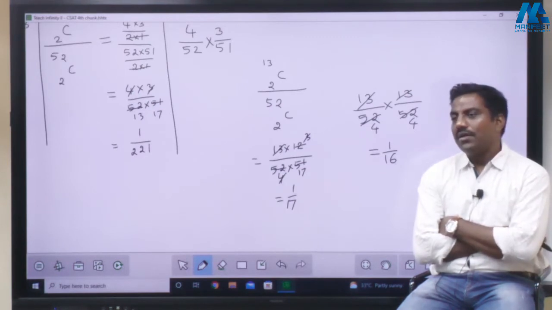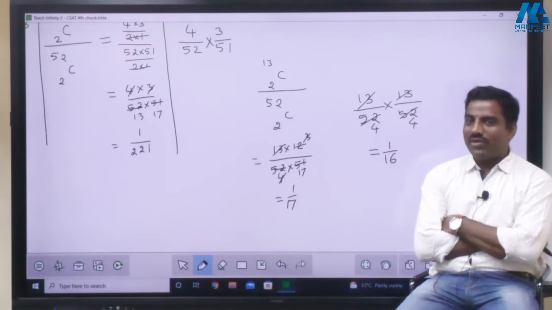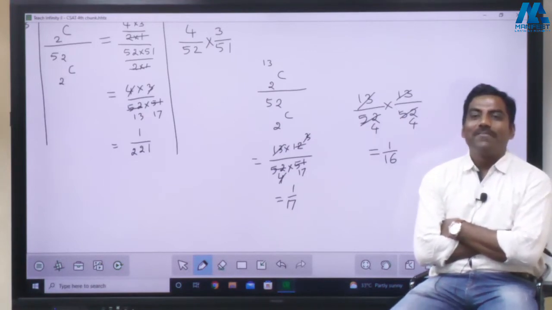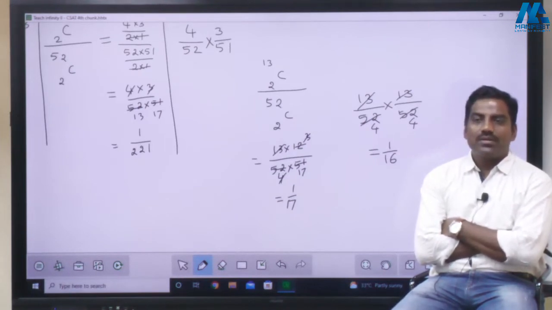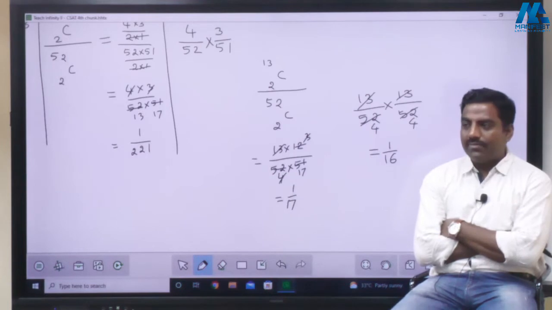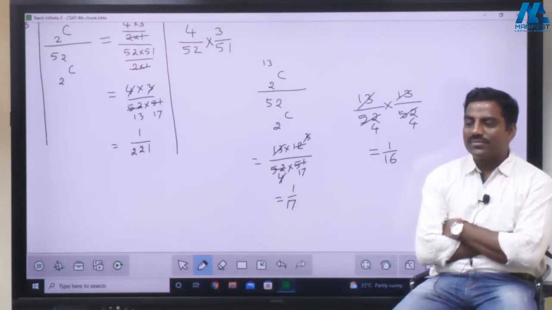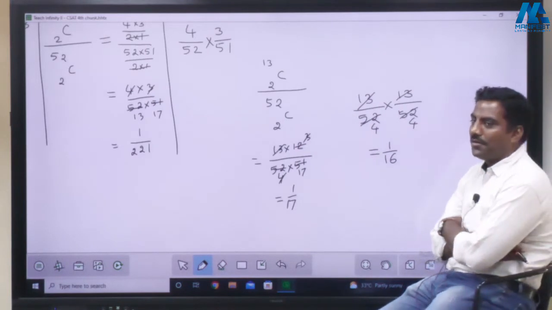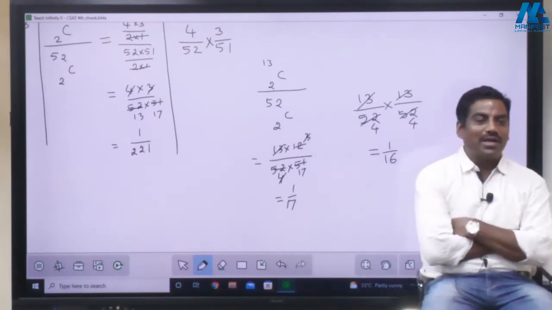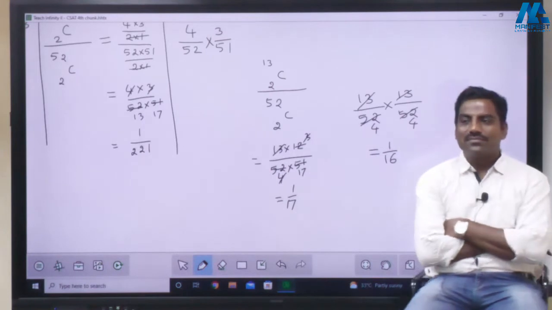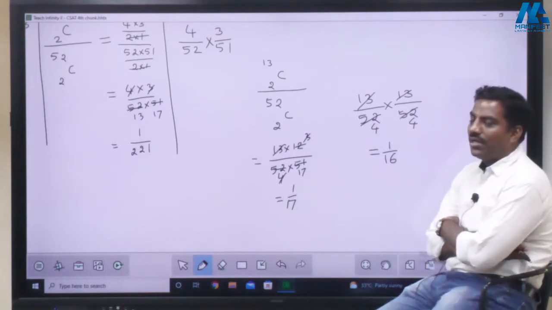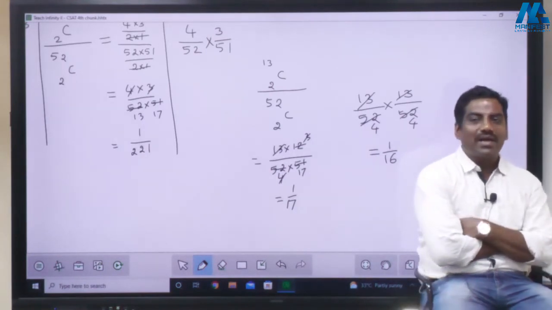Okay. The previous was the last question. Now it is the last question. What is the probability of getting either a black card or a king? Now tell me how many cards will be either black or king.